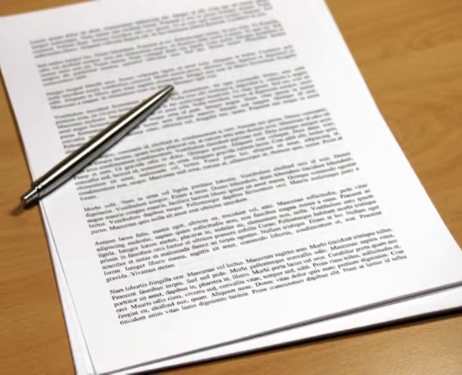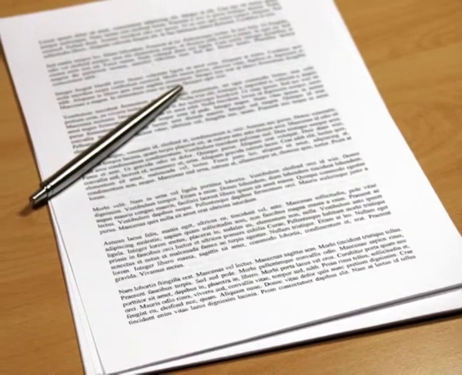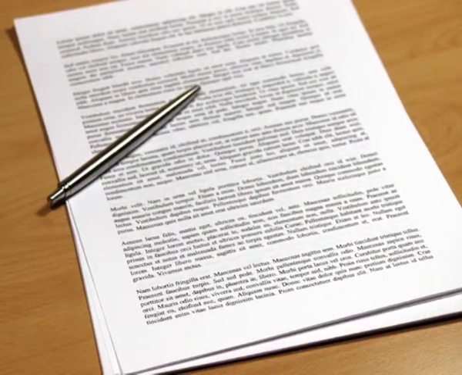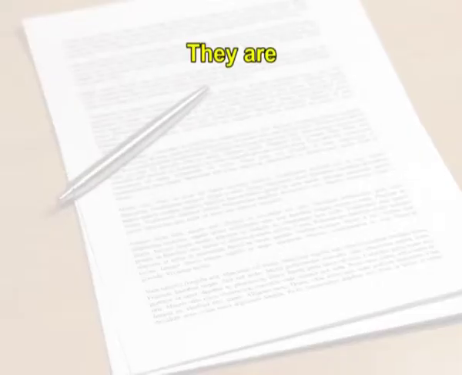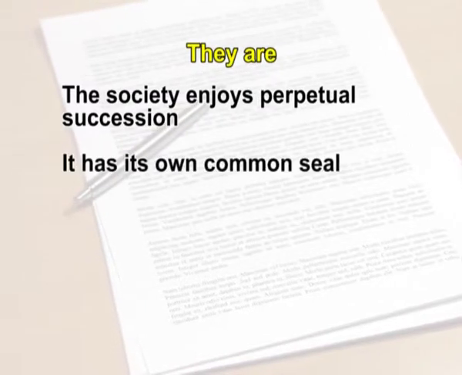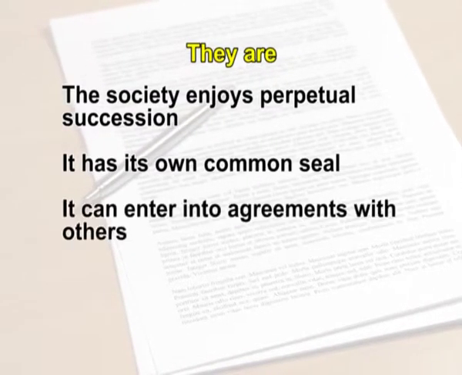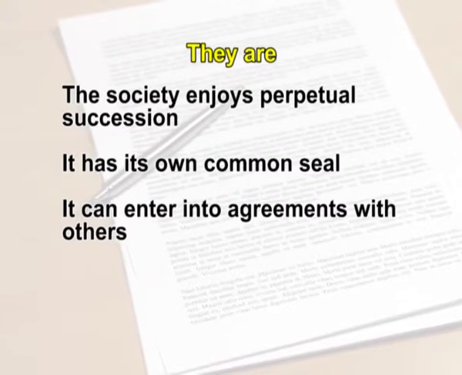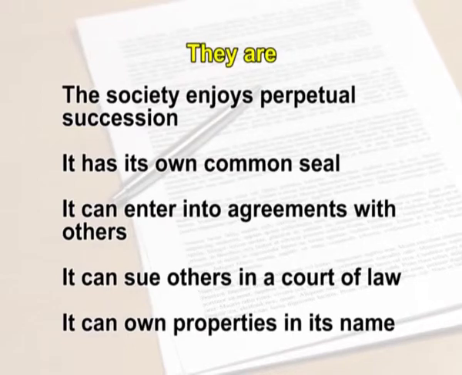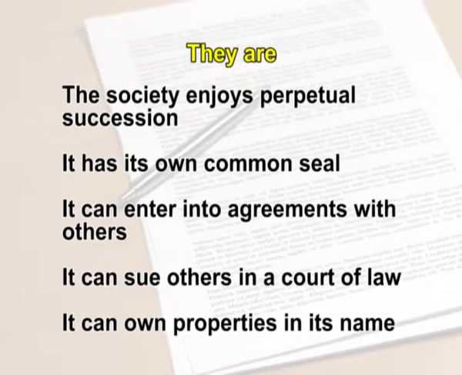Once registered, the society becomes a separate legal entity and attains certain characteristics. What are those characteristics? They are: the society enjoys perpetual succession, it has its own common seal, it can enter into agreements with others, it can sue others in a court of law, it can own properties in its name.